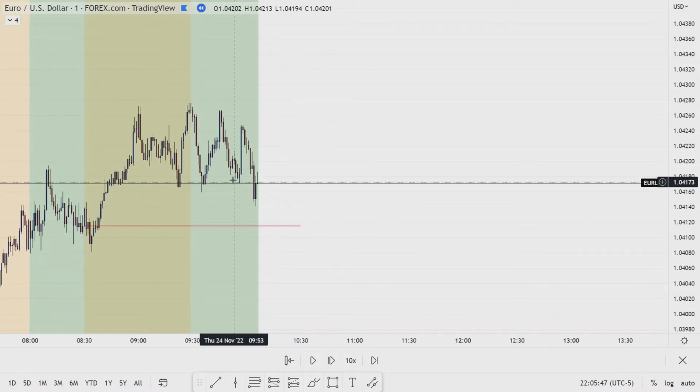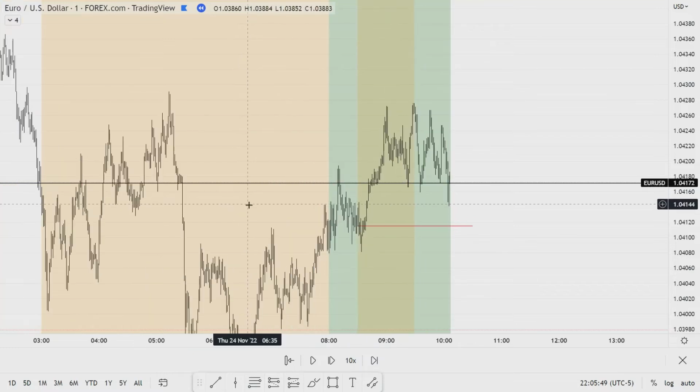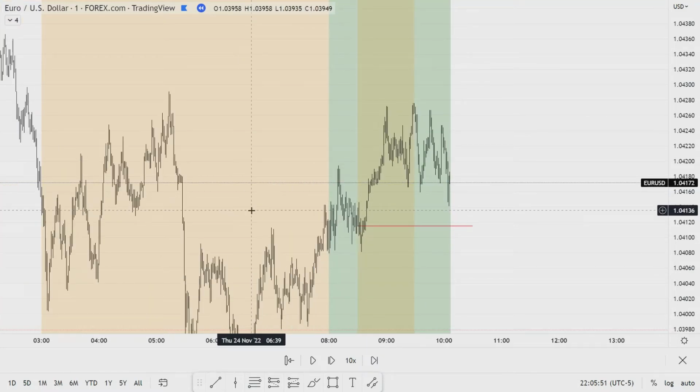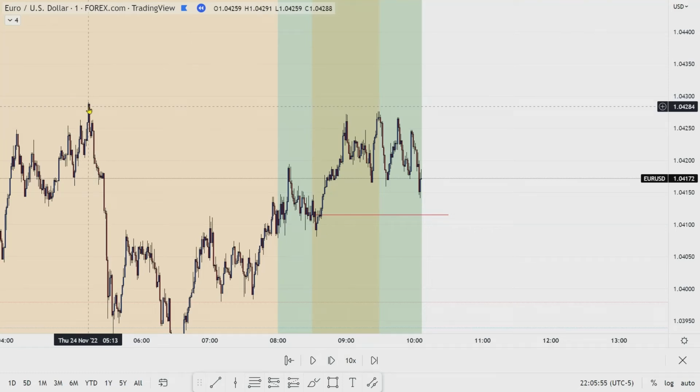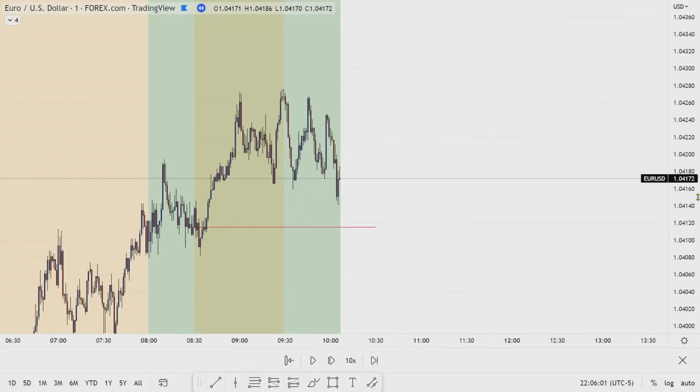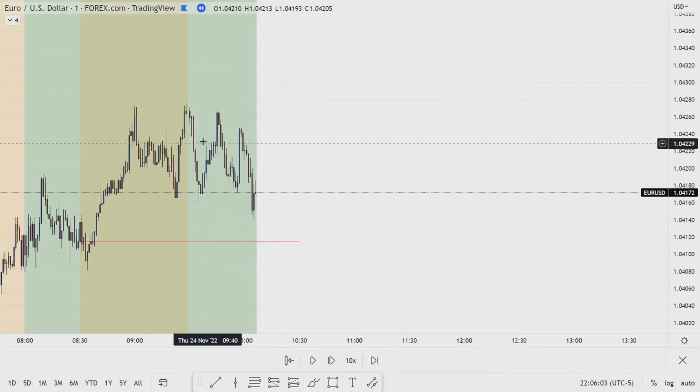Okay, so now what I am seeing though is that, first of all, this high that I was talking about from London did not get taken out, but we see here that from those big swings, we do get one swing right here, which breaks this low and forms an imbalance right there.